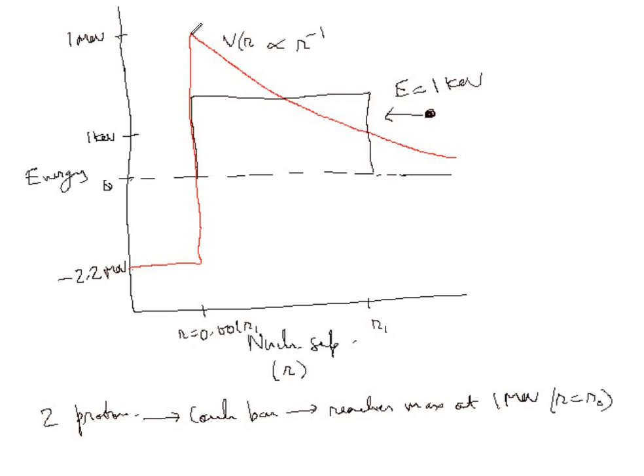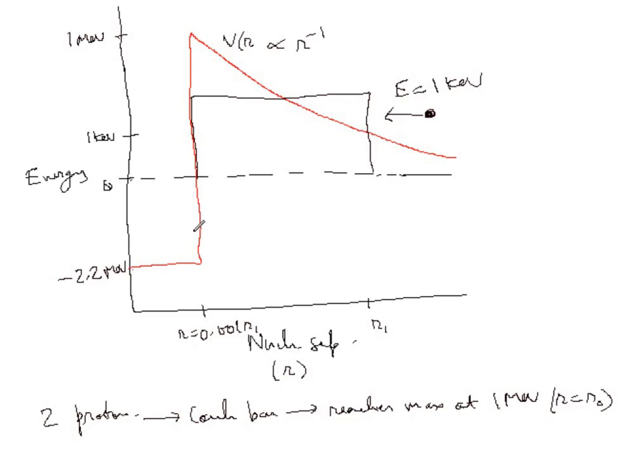At this point the short range nuclear force sets in and binds the nucleus here, and so we have a negative potential energy.